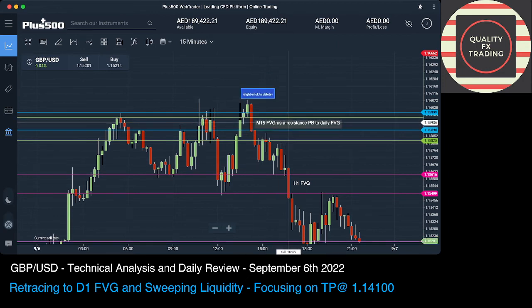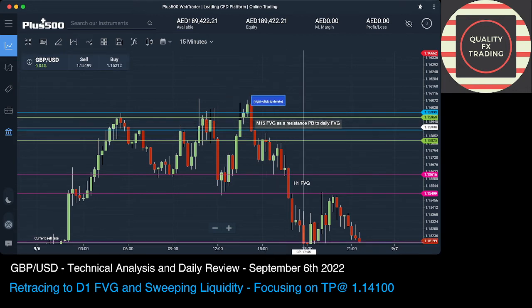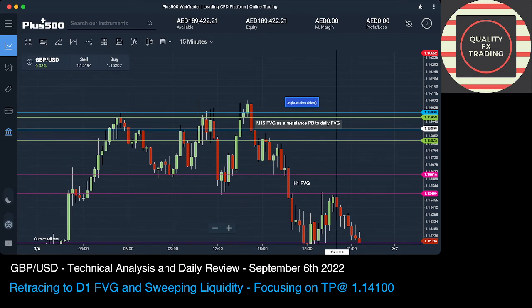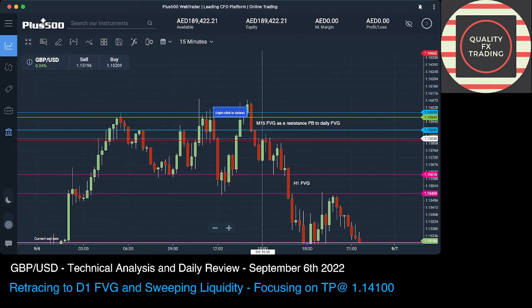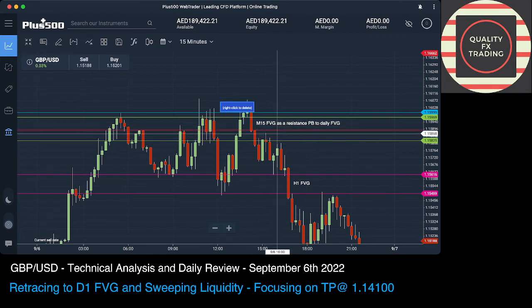And look at this. This is happening as a resistance pullback to the daily fair value gap. Where is the daily fair value gap? The horizontal blue line. How is the price pushing down? Going back, the daily fair value gap acting as a resistance.